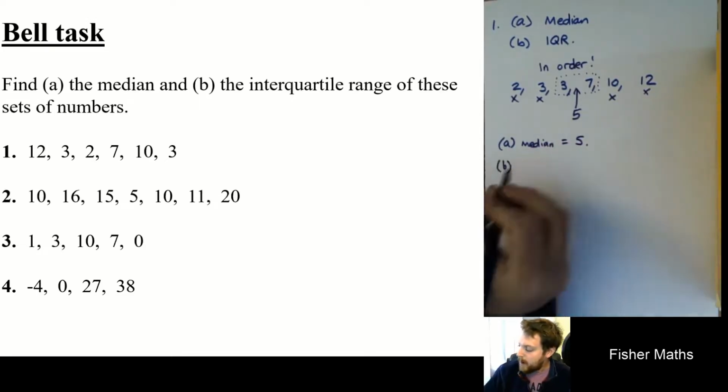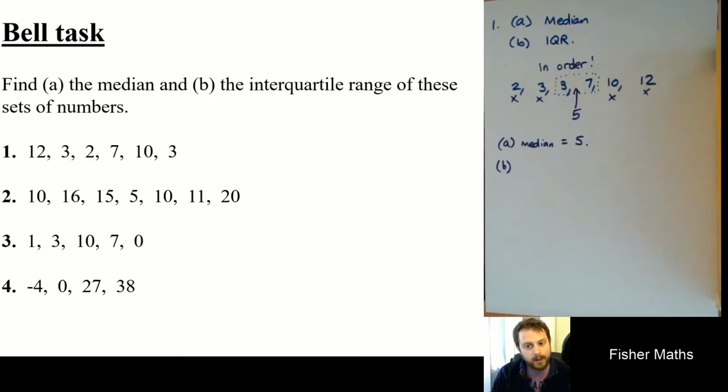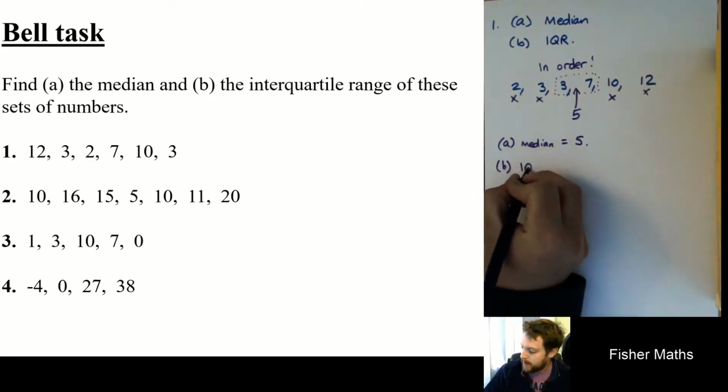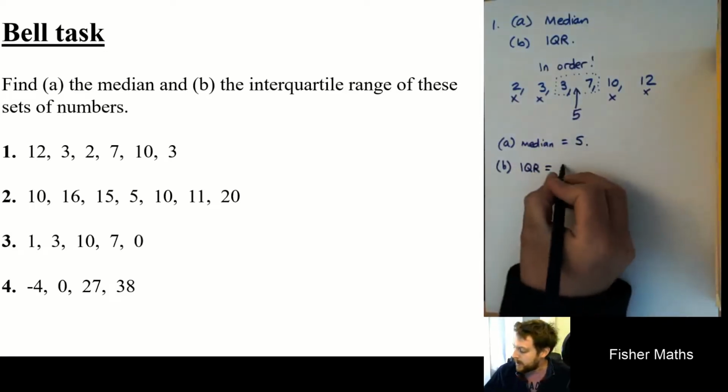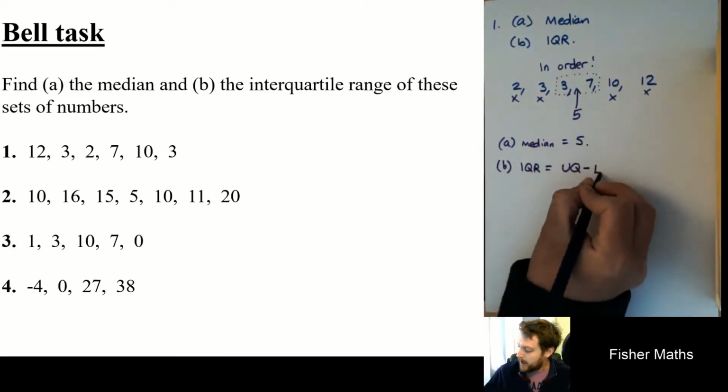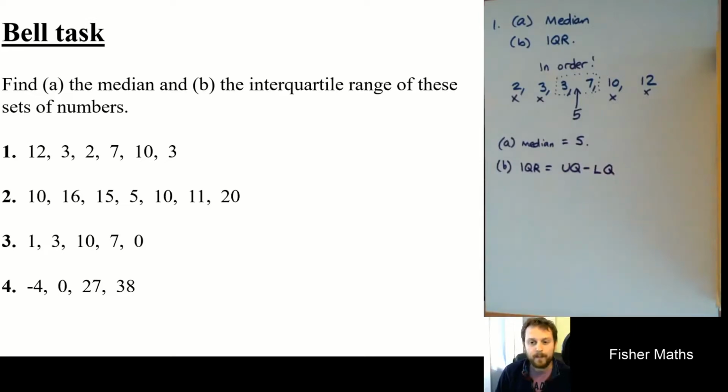Now for part B, remember what the interquartile range is. If you've forgotten, here's your reminder. Your interquartile range is your upper quartile, take away your lower quartile. Your upper quartile is the median of the top half of the data, and your lower quartile is the median of the bottom half of the data.